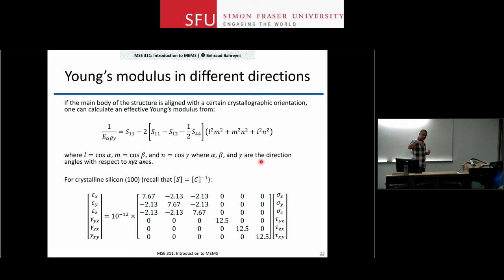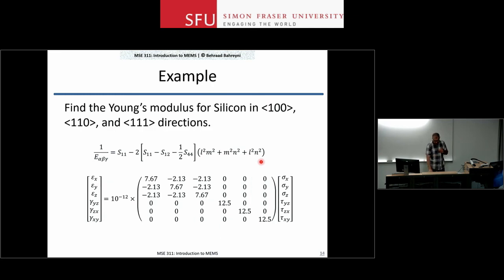Once I know the relative angles between the direction of interest and my axes, I can calculate an effective Young's modulus for all those cases. So here is an example for us. We want to find the Young's modulus for silicon in the 100, 110, and 111 directions. Let's go through this quickly together.